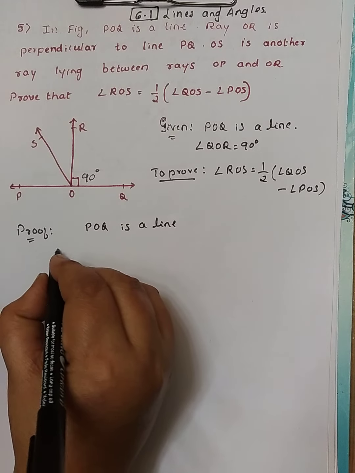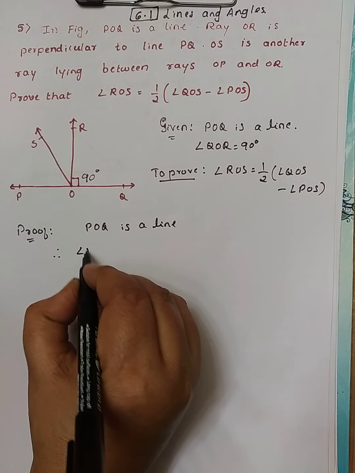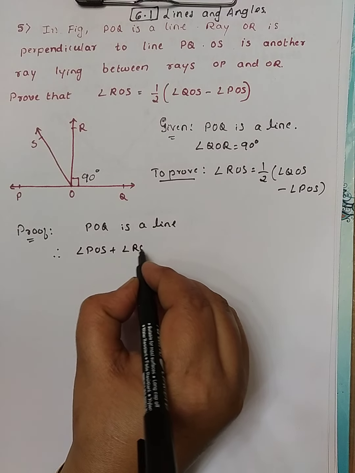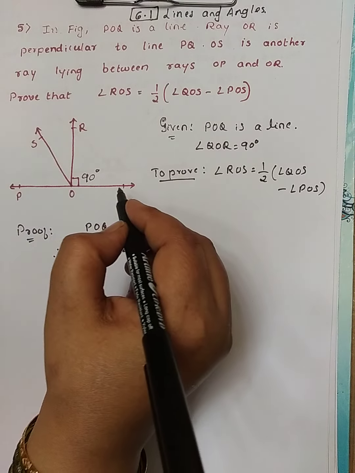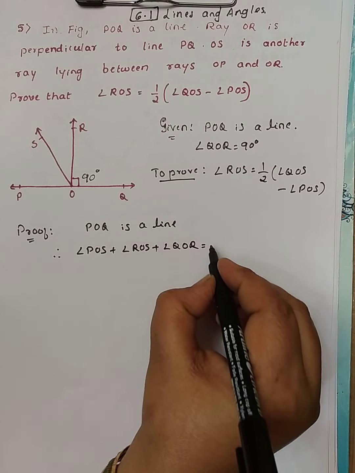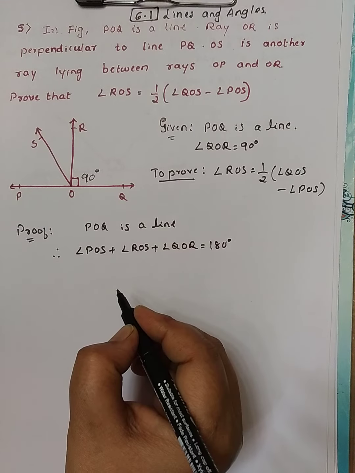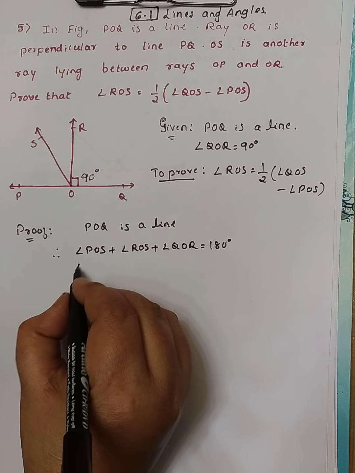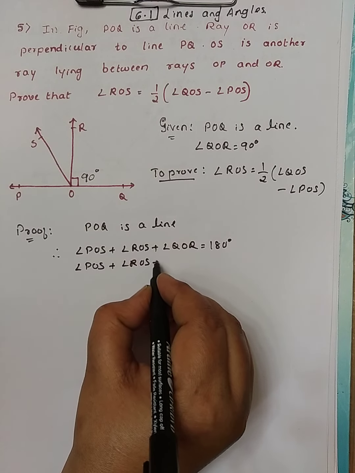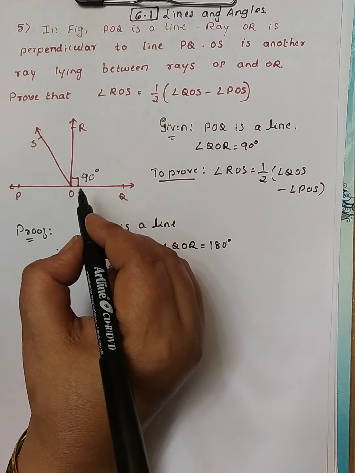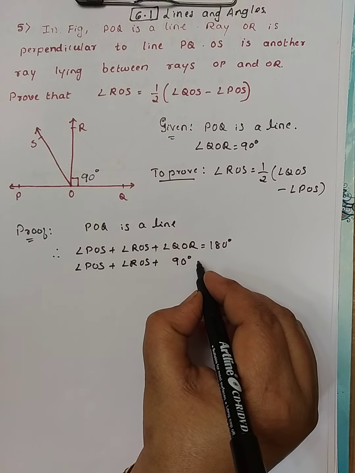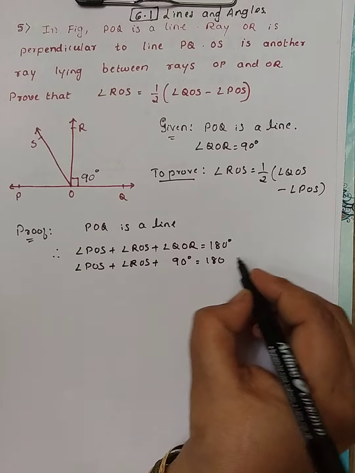So the angles are here. Therefore, angle POS plus angle ROS plus angle QOR equals 180 degrees. Now the next step: angle POS plus angle ROS plus QOR, and QOR equals 90 degrees. Substituting, 90 degrees equals 180 degrees.